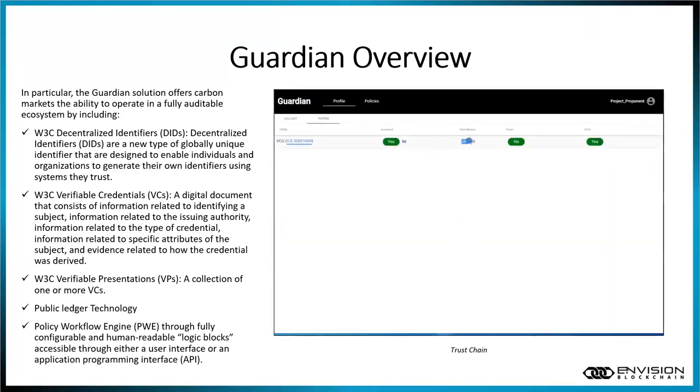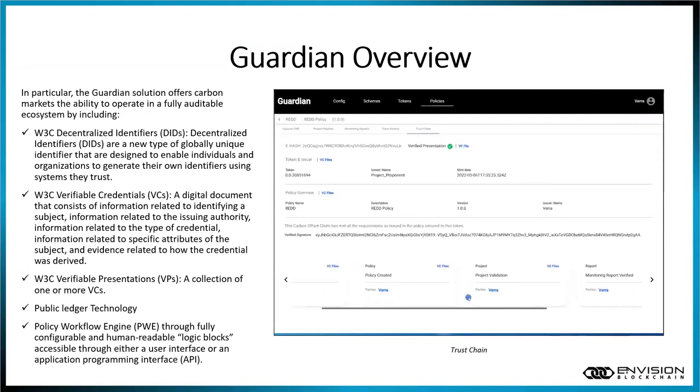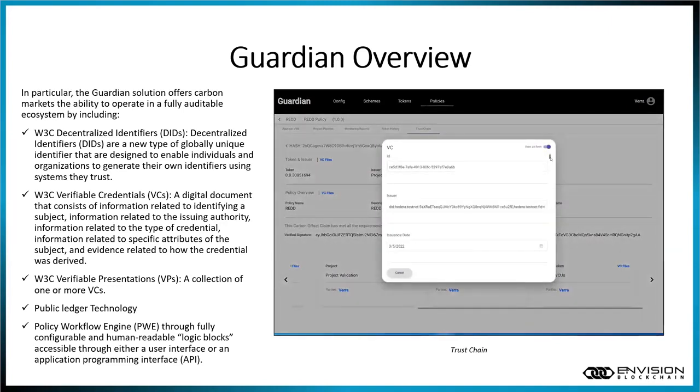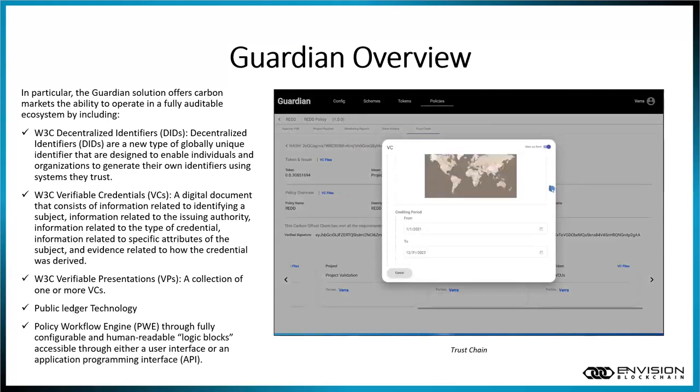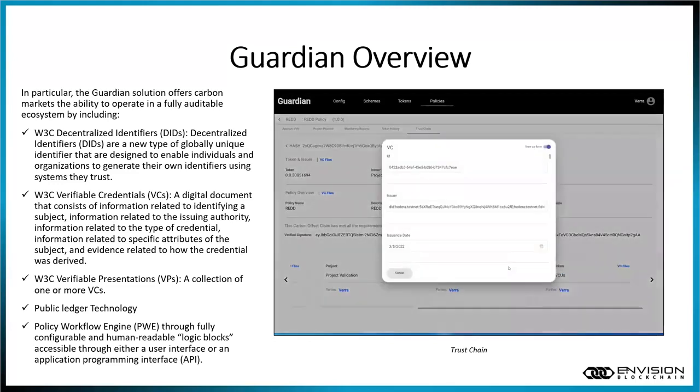Just like I mentioned, it's leveraging public ledger technology. What you see on the right-hand side is something that we call the trust chain. The trust chain is what you can use to traverse all of the actions that led up to the minting event. When an offset is created, you want to be able to understand the quality that stands behind that offset, or that renewable energy credit, or that emissions token.